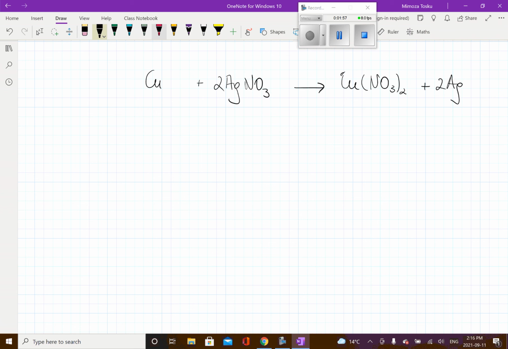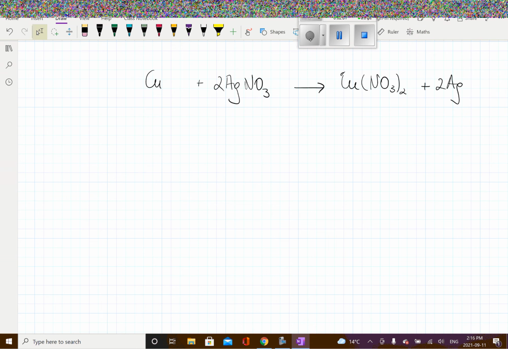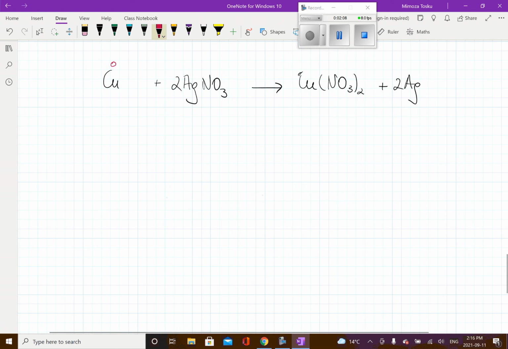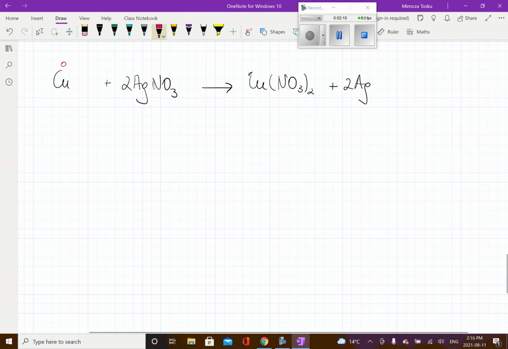Now let's identify the oxidation number for each of those parts of the reaction. Copper, since it is a single free element, has an oxidation number of 0.